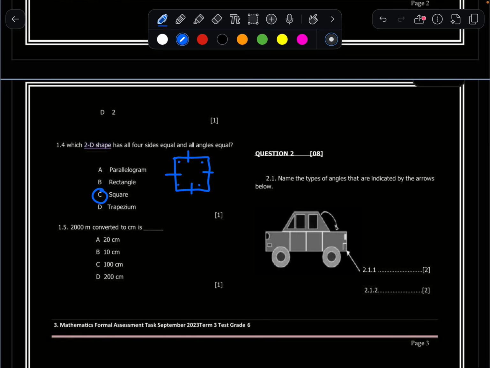2,000 meters converted to centimeters is, I don't think it is any of these options.